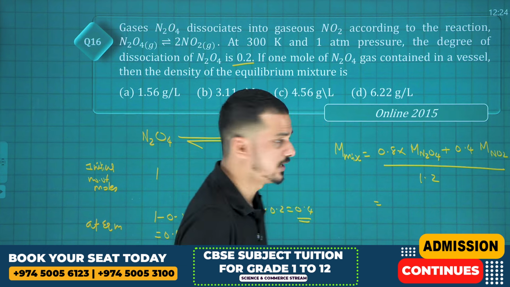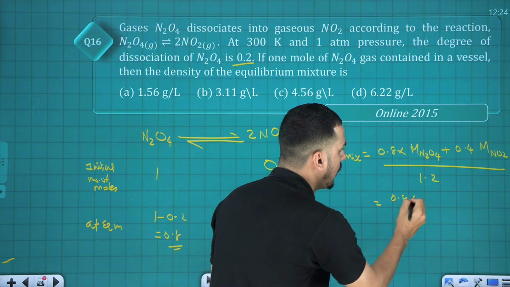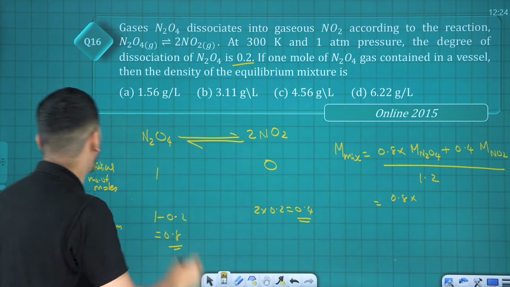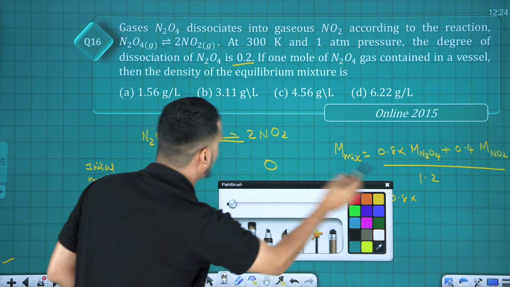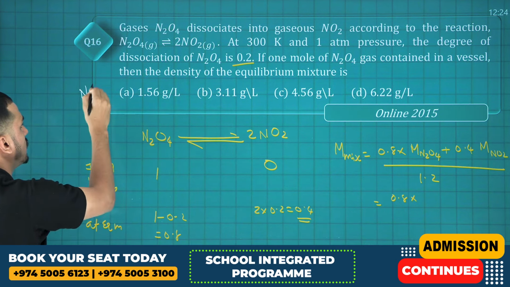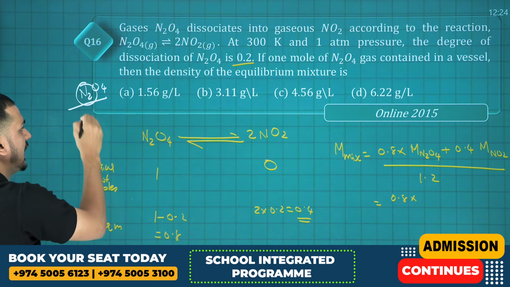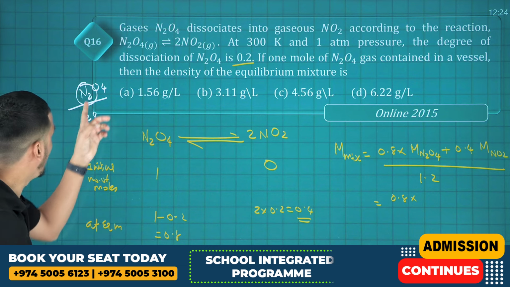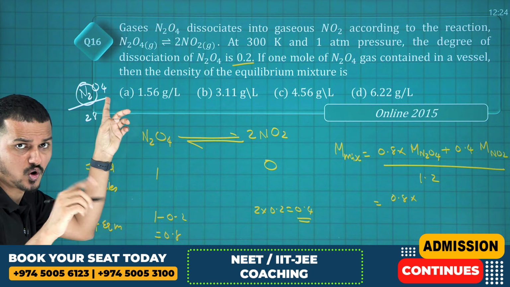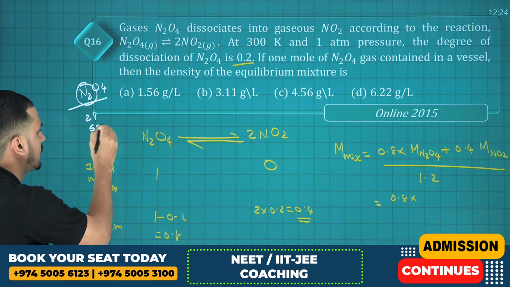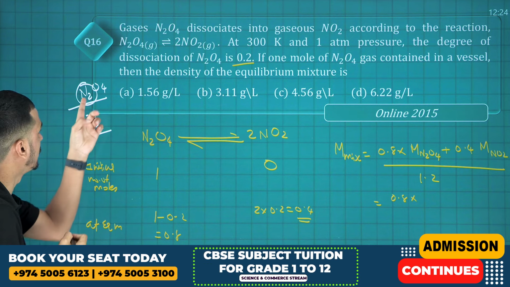You can calculate the molar mass of N2O4. This is 28, dears, and O4 means 4 into 16, 64 it will come.